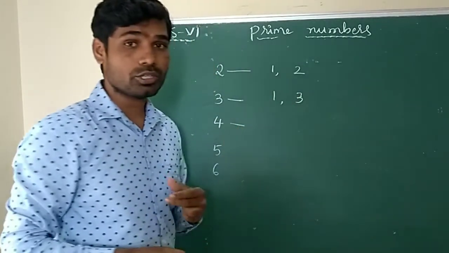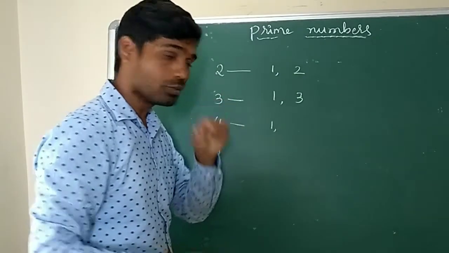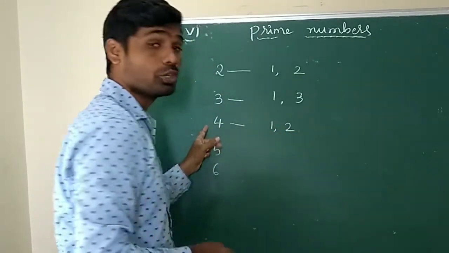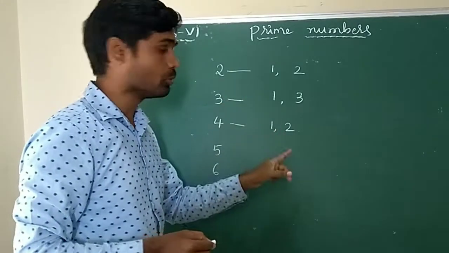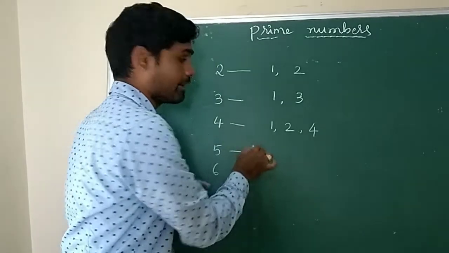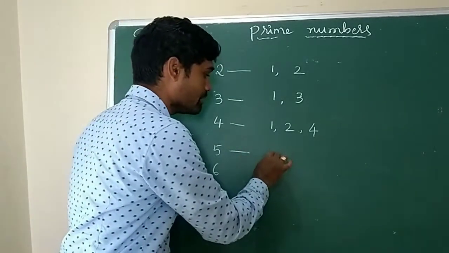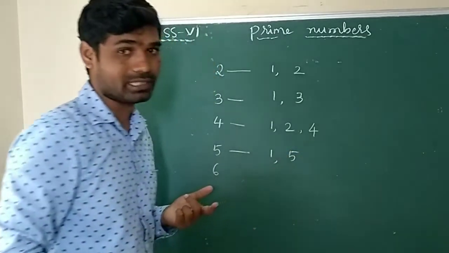Next 4. So 4 is divisible by 1 and 2, because 2 2s are 4. Again 5. 5 is also divisible by 1 and itself.